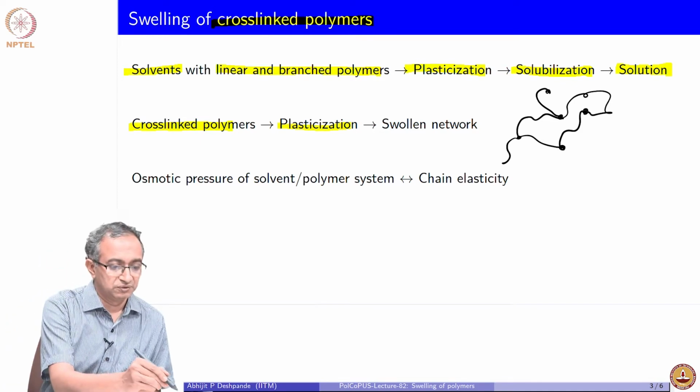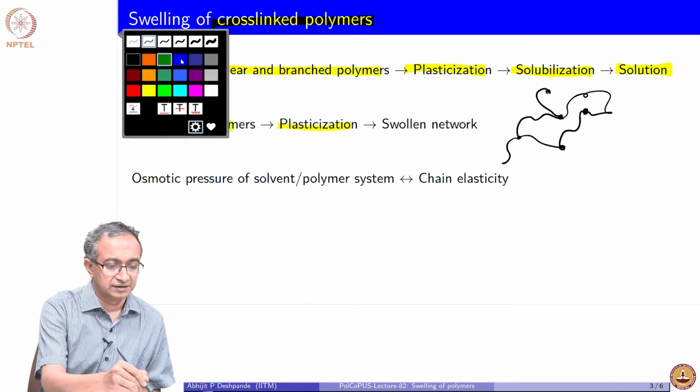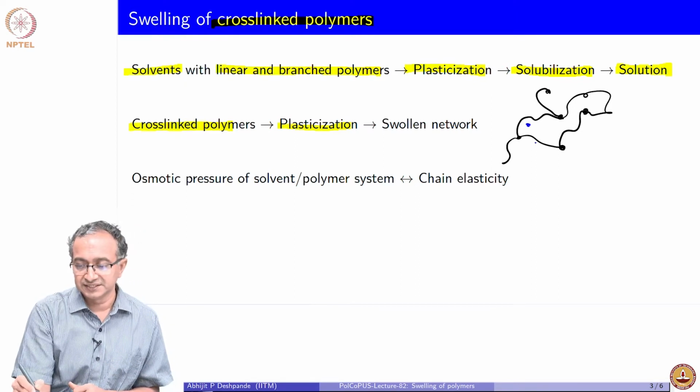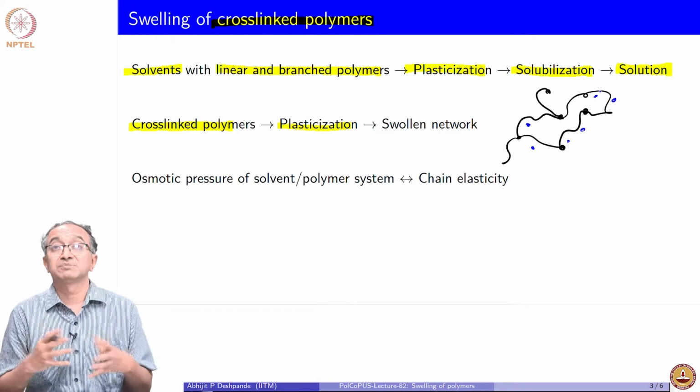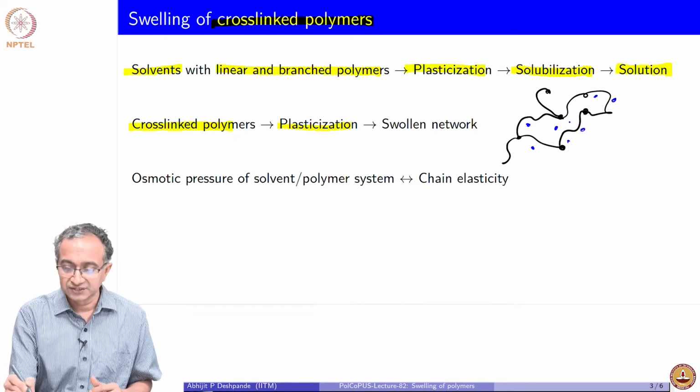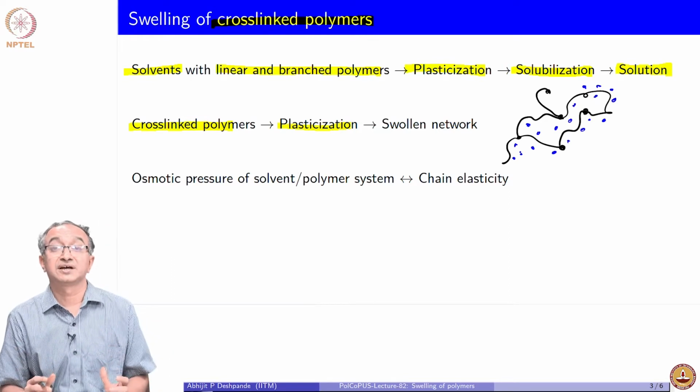So, the small molecule comes into the overall network and starts plasticizing, interacting with these segments and increasing the segmental mobility. And because the segmental mobility is increased and the solvent molecule would like to form a solvation shell around all of these macromolecules, more and more solvent starts coming in.